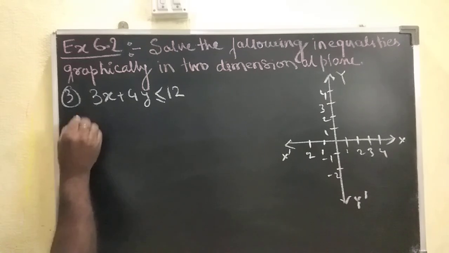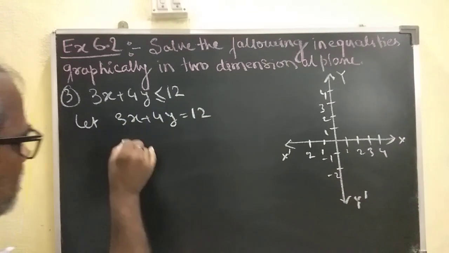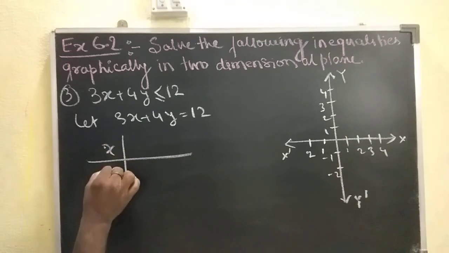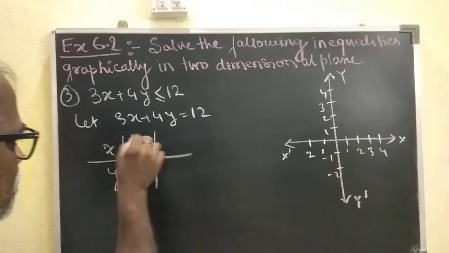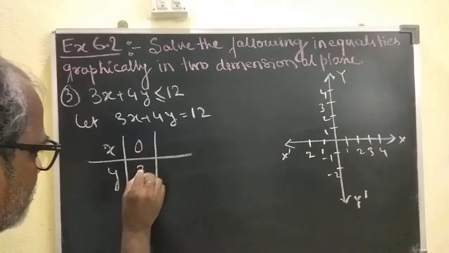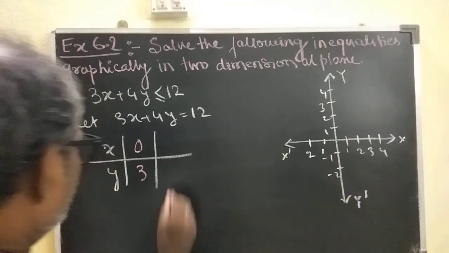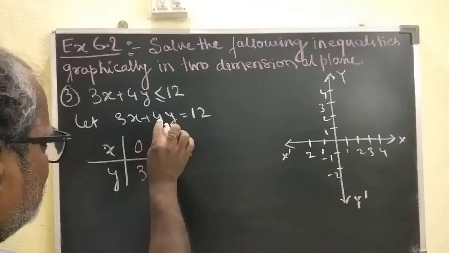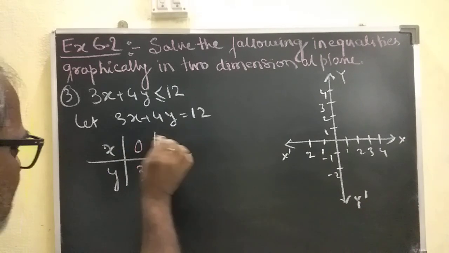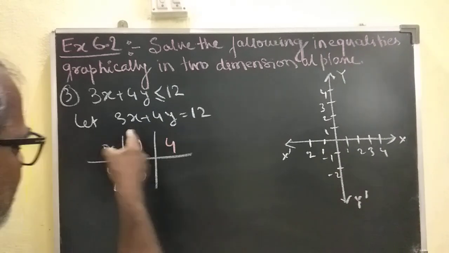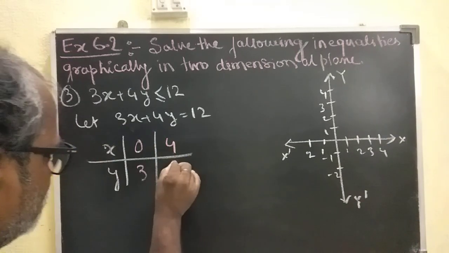Next is, let 3x plus 4y equals to 12, और इसका हम ग्राफ बनाएंगे x y. If x equals to 0, so y equals to 3, and if x equals to 4, then 3 times 4 is 12, y equals to 0.